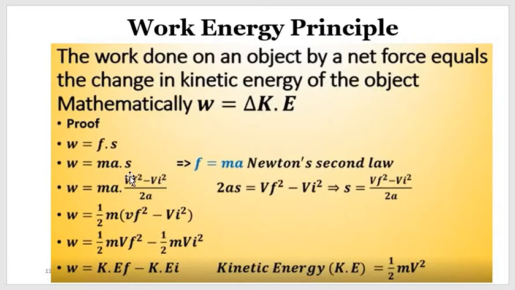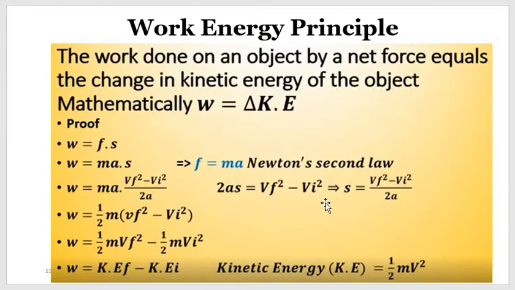Okay, and we rewrite the term displacement s in terms of its final velocity and initial velocity. So we know from the kinematic equations of one-dimensional motion, we have the expression 2as is equal to v square minus u square, or the final velocity square minus initial velocity square.